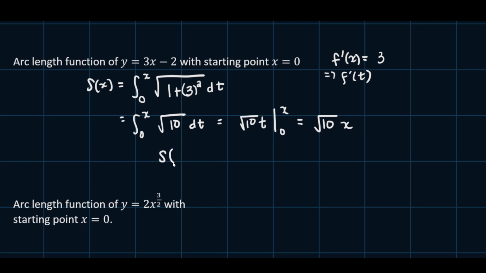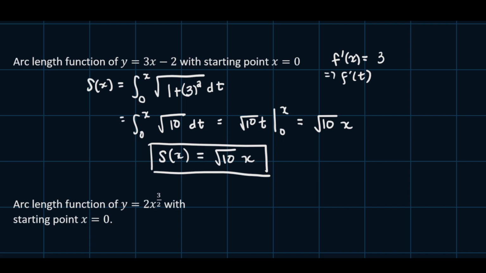So the arc length function is given by s of x equals square root of 10 x. Okay? Note that we just replace it with f prime of t to make it clearer that our function should be in terms of x.